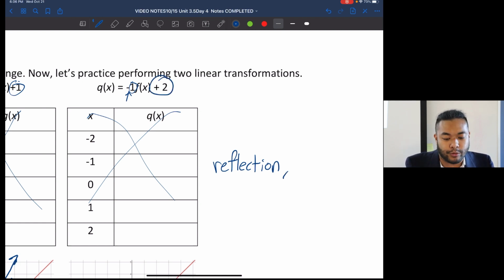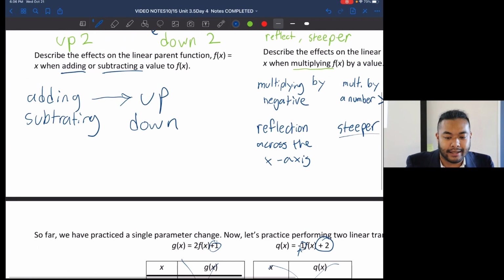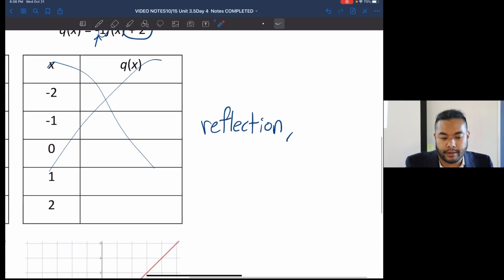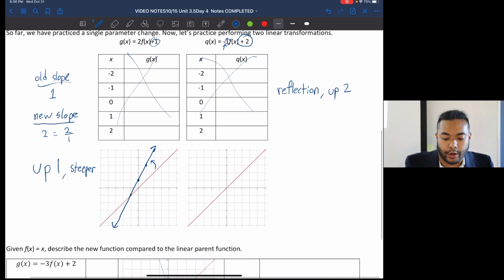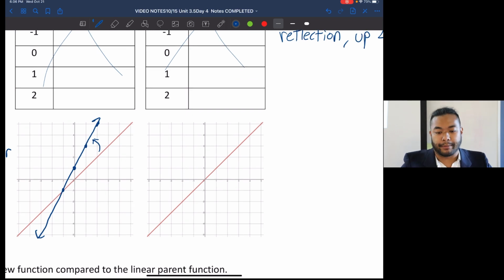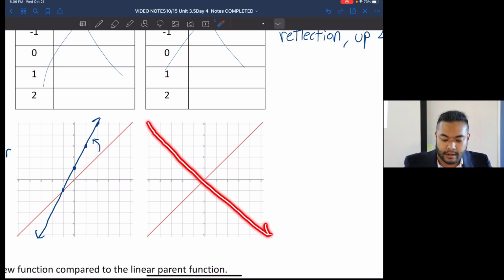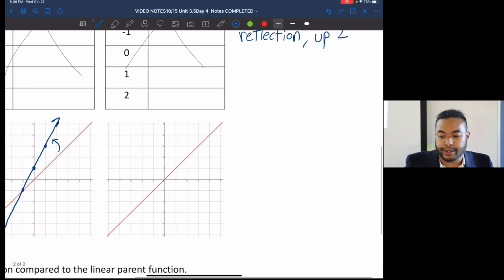But adding 2, remember we said adding is the same as going up. So we are going up 2. So reflection means I'm going to flip this graph across the x-axis. So I know it's going to look like a reflection, but I'm also moving up 2.